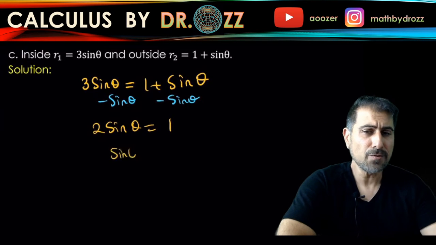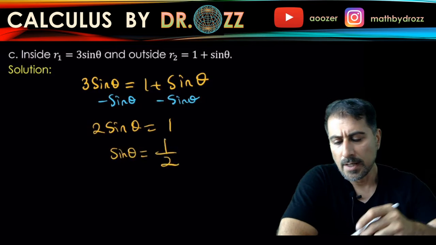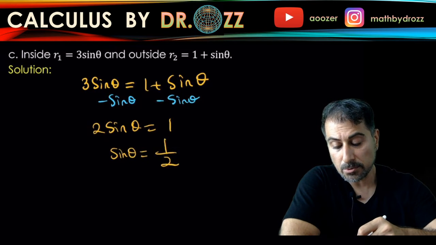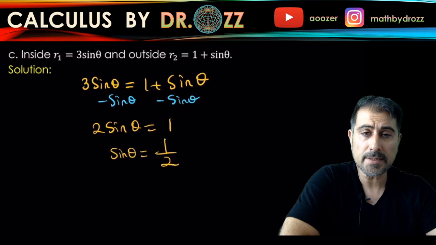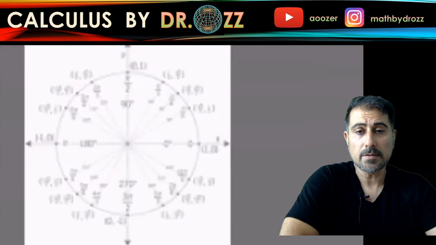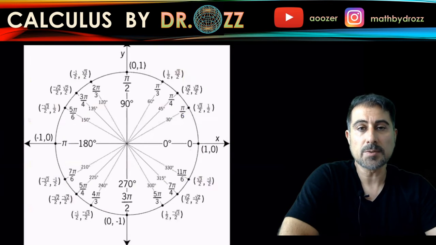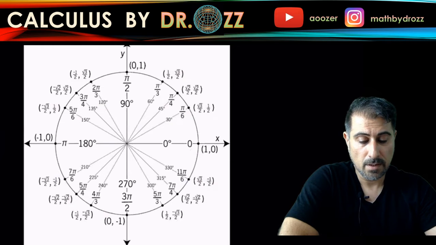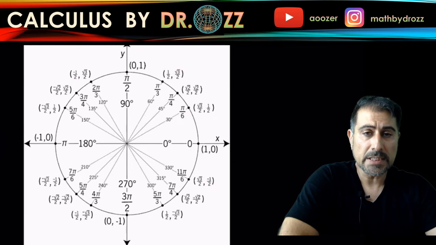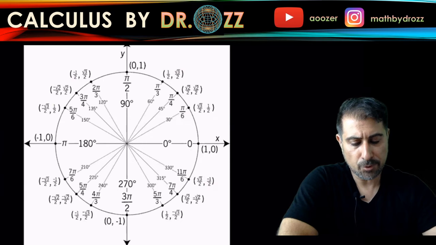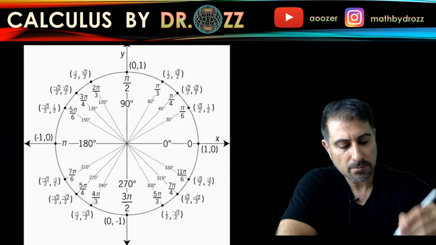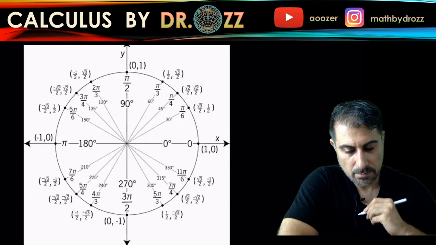1/2 is a known number for the sine value, and that's why you should go back to the unit circle rather than looking at arc sine, which you can, but your calculator is going to spit out only one value. Sine is the y coordinate of the points on the unit circle, and we're looking for 1/2. Here we go.